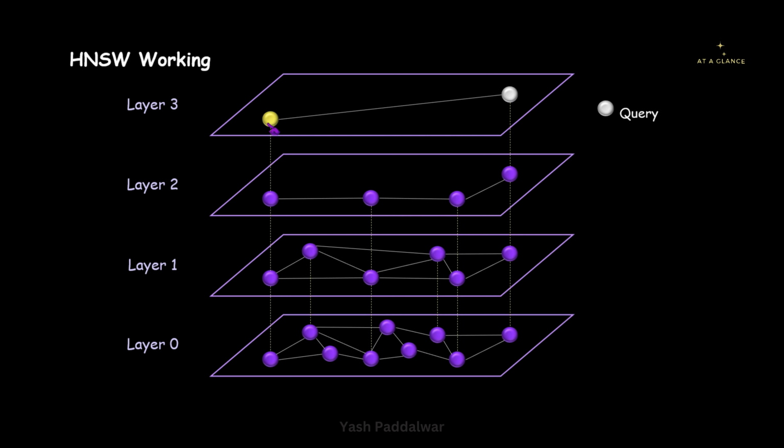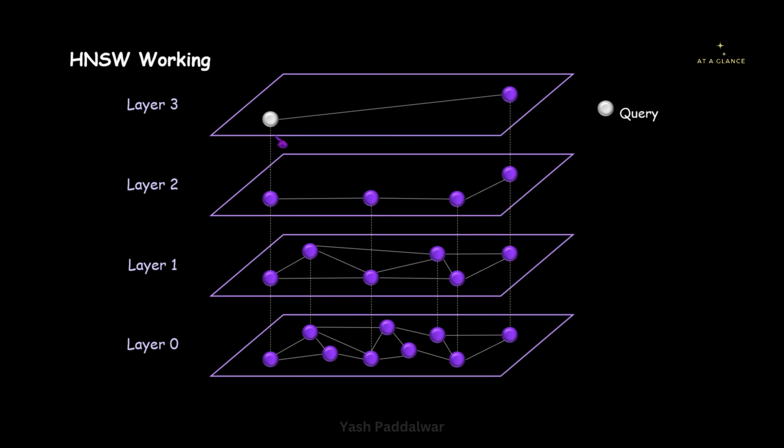So this is no longer a neighboring node, this is the current node. We'll first have to find out the neighboring nodes of this current node in the same level. Now in this particular layer, we don't have any other neighboring nodes to this current node. So we'll move down a level.